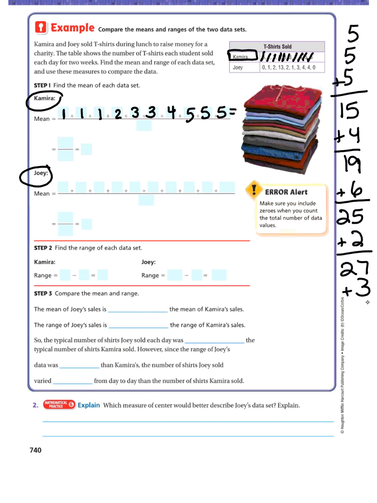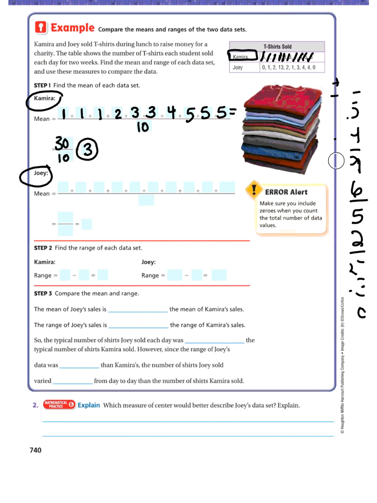Plus 3 more is 30. So my total is 30. I'm putting that on the top. Now I need to go back and count how many numbers are in the data set. 1, 2, 3, 4, 5, 6, 7, 8, 9, 10. I have 10 numbers in the data set. 30 divided by 10 is 3. So the mean for the first set is 3.